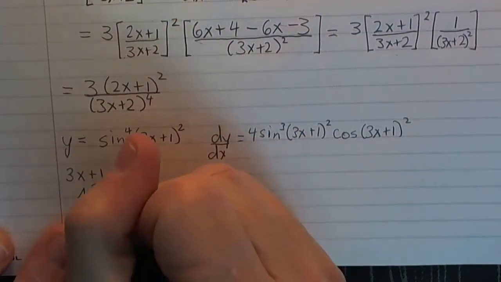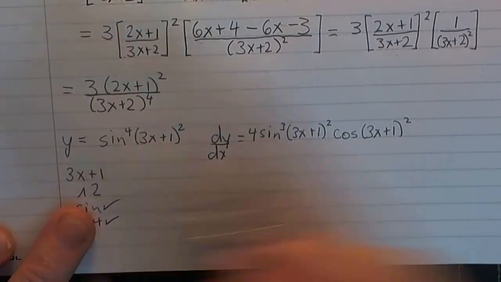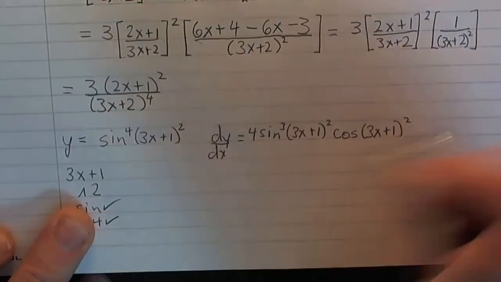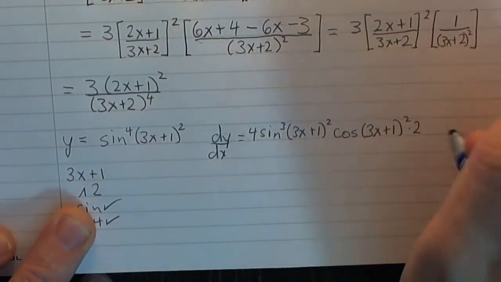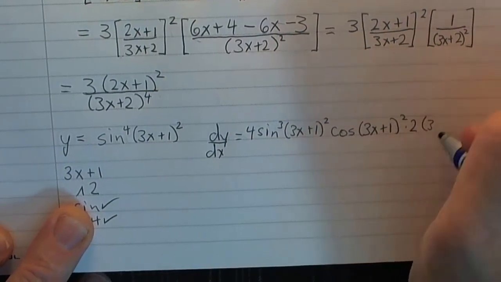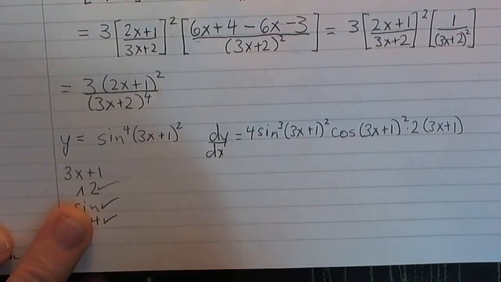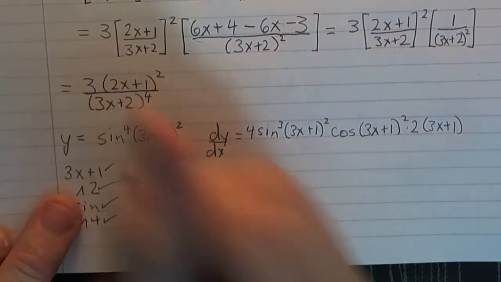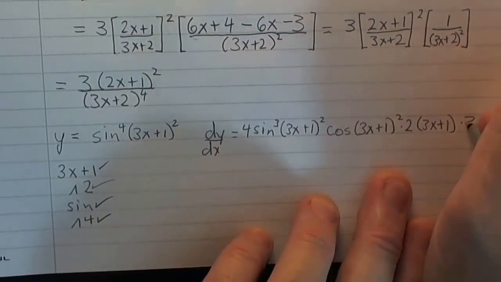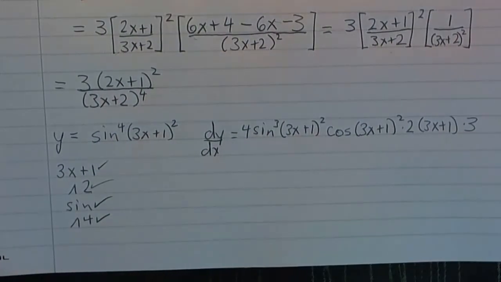So I've got that one. And then I'm working on this one now. So I go 2 times 3x plus 1. Okay, got that. And now take the derivative of 3x plus 1. That's just 3. And there you have it.